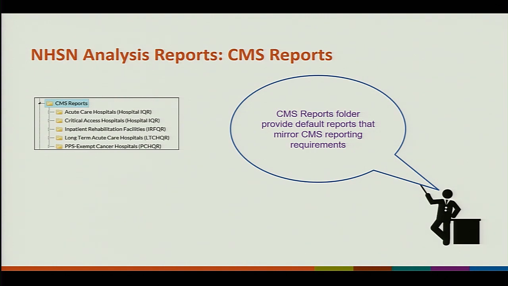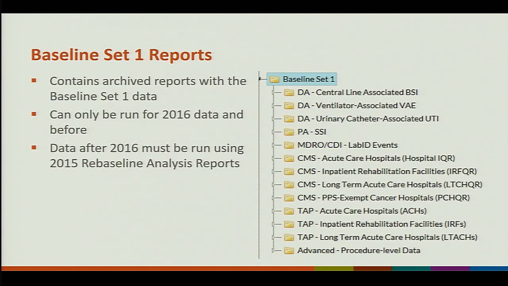So we do limit what type of data can be viewed and looked at for those reports. Also, we have baseline set one reports. So we did a lot of education over the last few years about the rebaseline that we did in 2015. If your facility participated in NHSN prior to 2015 or 2016 and have data that use the old risk adjustment models of NHSN, you want to look at those reports.